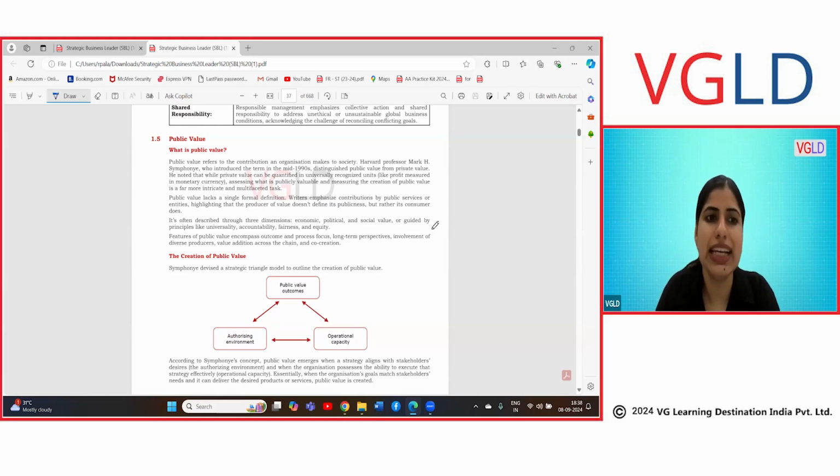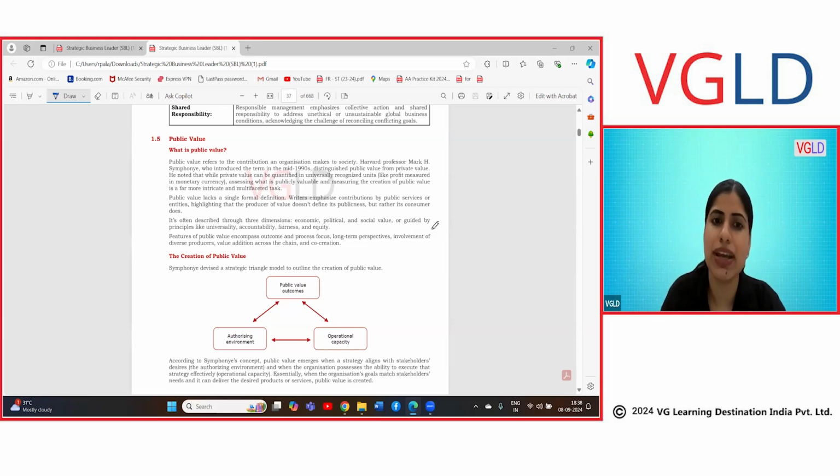Yeah. So basically, Astha, you mentioned it in a very good way. But just to let you and other students know, there is no single correct definition. Yes, it is something which adds value to the public. So what is good in the eyes of the public? What is being valued by the public? What we consider valuable for the general public, what we are doing for society, is part of public value.